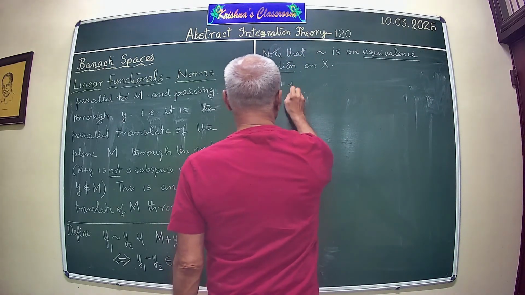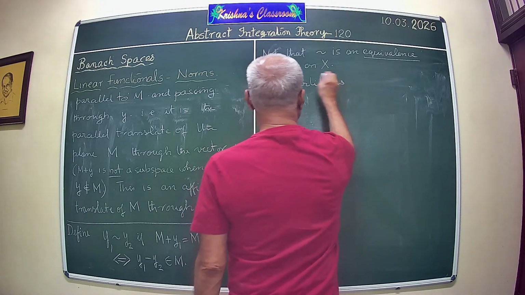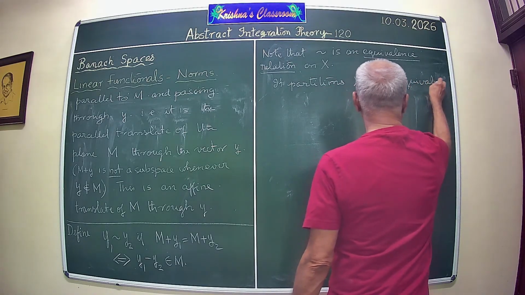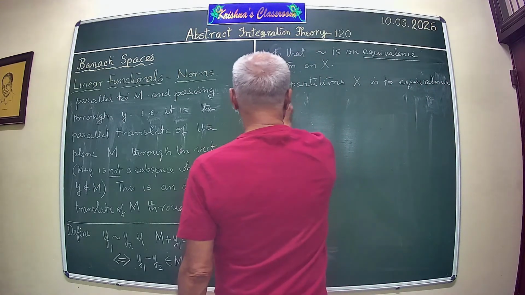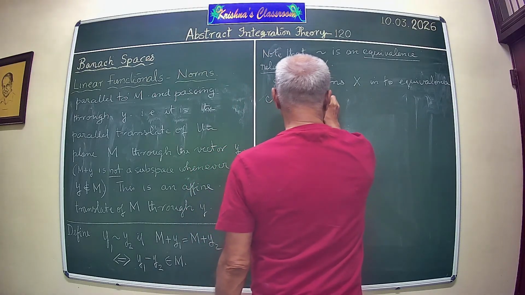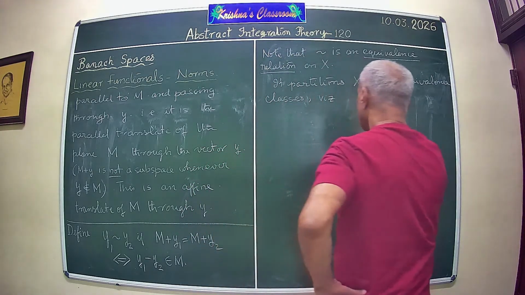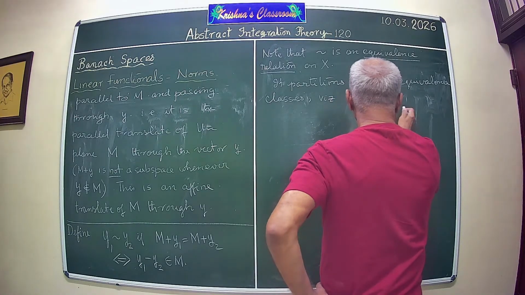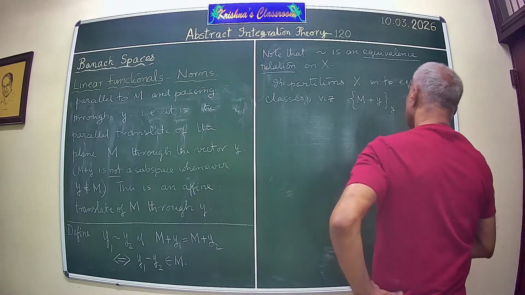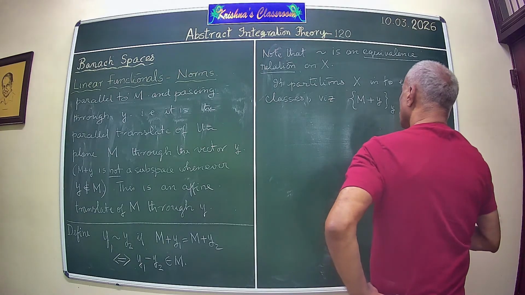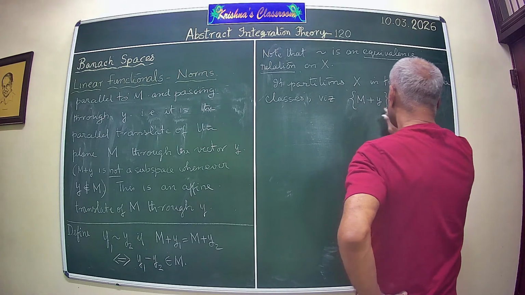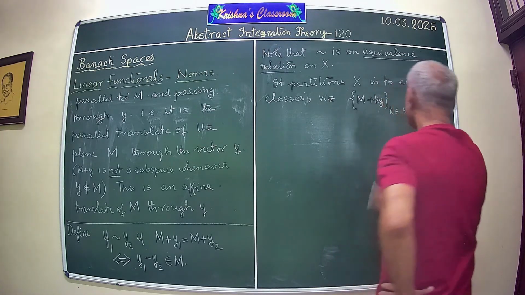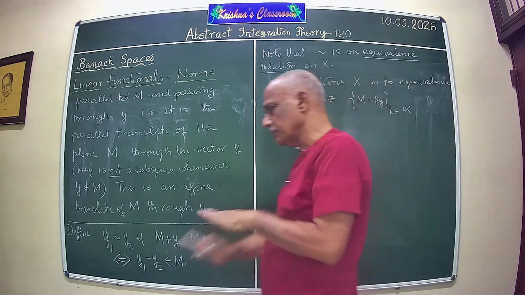It partitions X, namely, so for each k you get one translate.